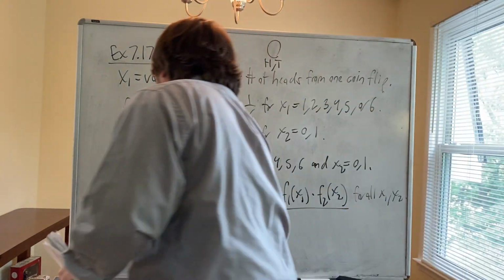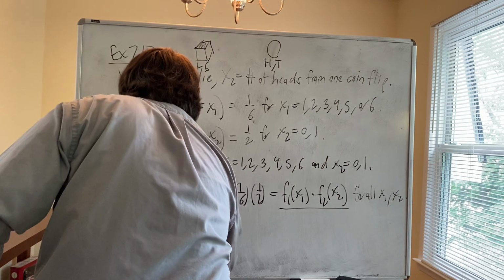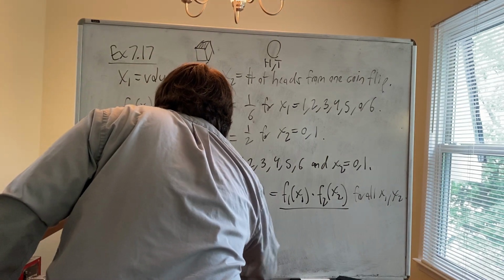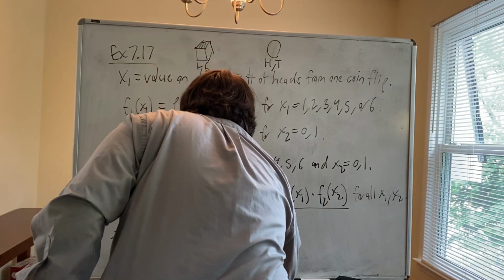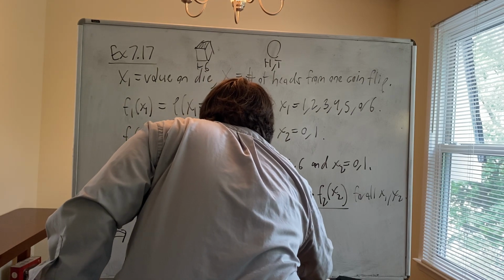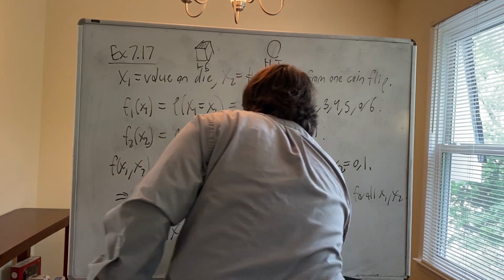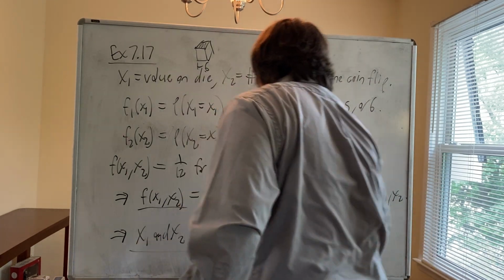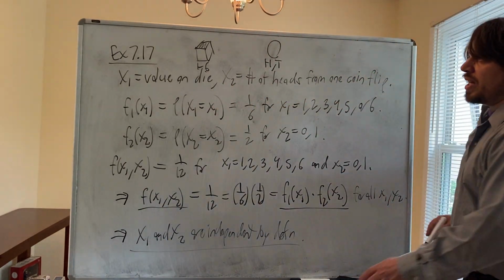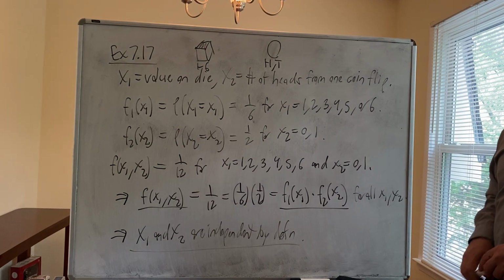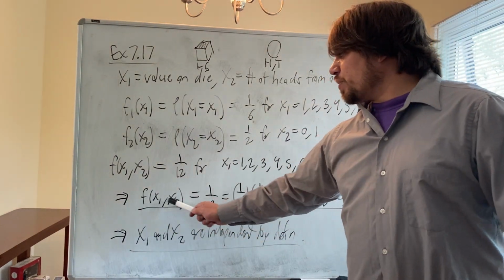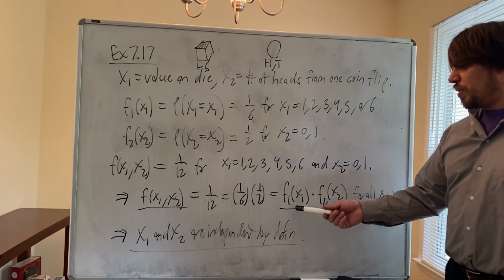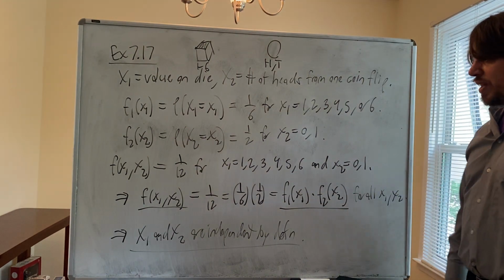And so therefore, capital X1 and capital X2 are independent by definition. So by the definition of independent random variables, capital X1 and capital X2 are independent because we showed little f of x1 comma x2 is equal to little f sub 1 of x1 times little f sub 2 of x2.